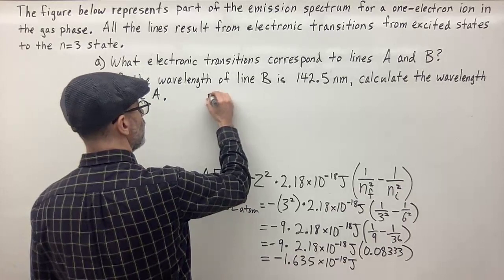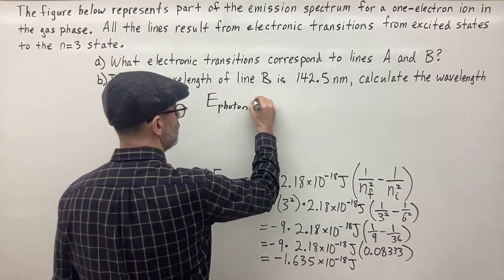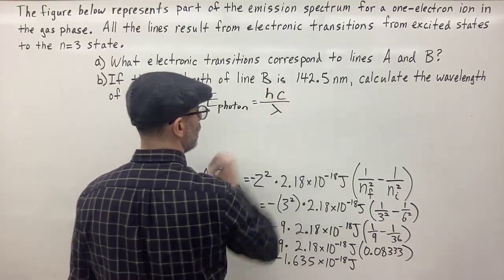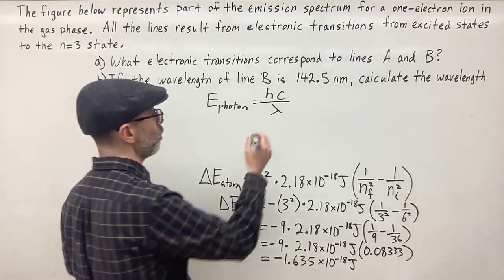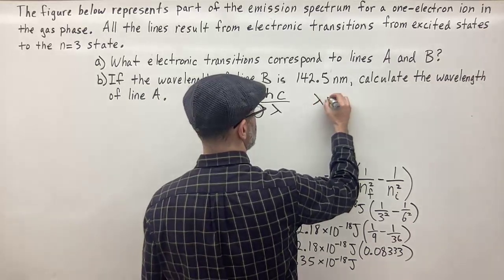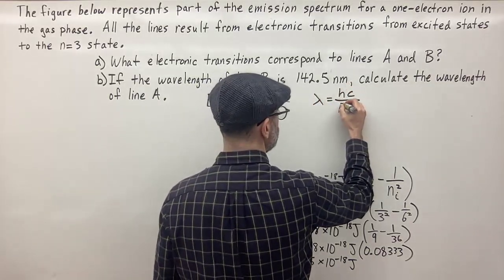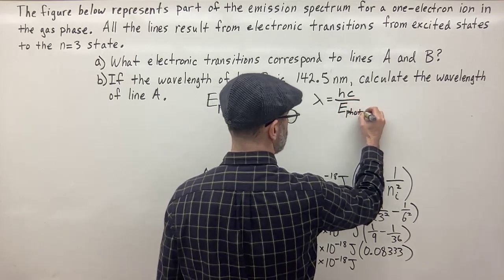The energy of the photon is equal to Planck's constant times the speed of light over lambda. So we want to solve for lambda because that's what we're looking for. So when we solve for lambda, that's going to be lambda is equal to hc over the energy of the photon.